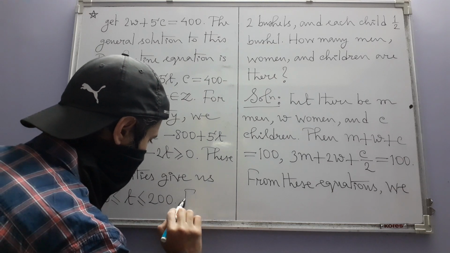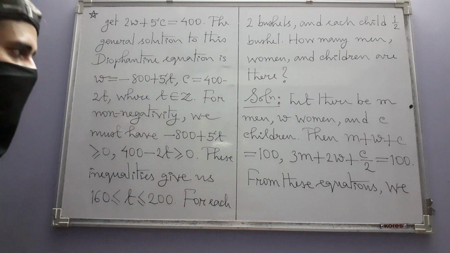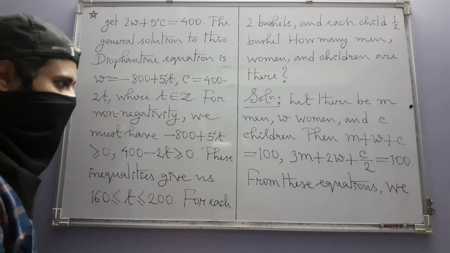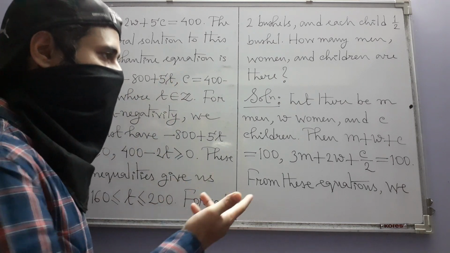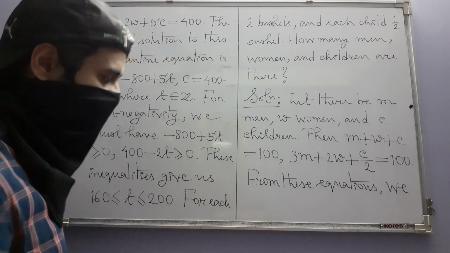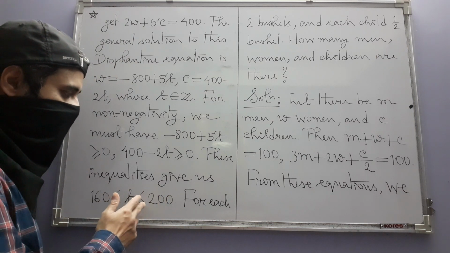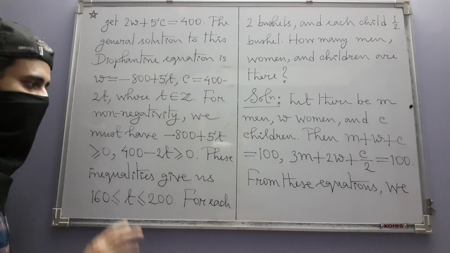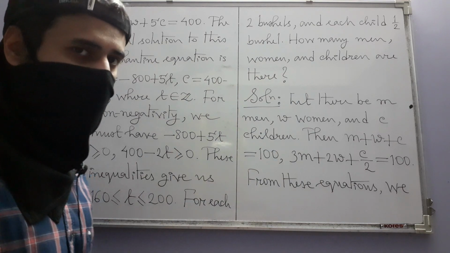For each value of t in this range, we are going to get a value for w and c and a corresponding value for m. So all the t's that you see here are going to give us solutions. So we will get many solutions, many sets of men, women and children.